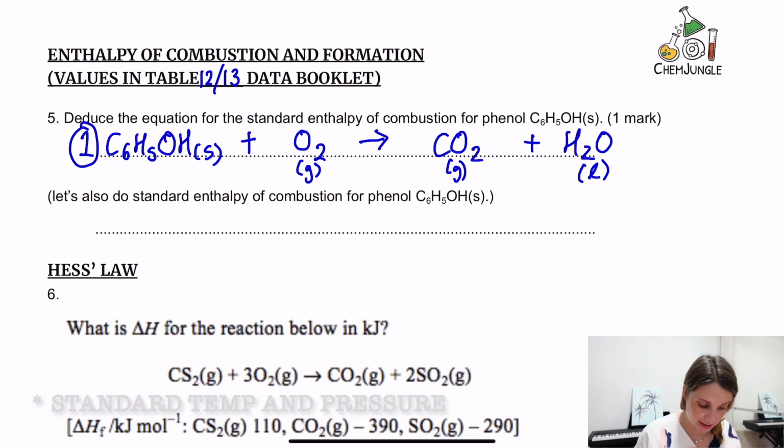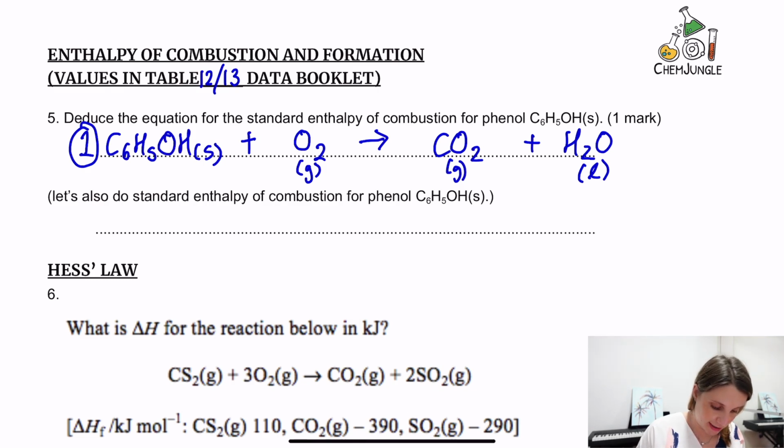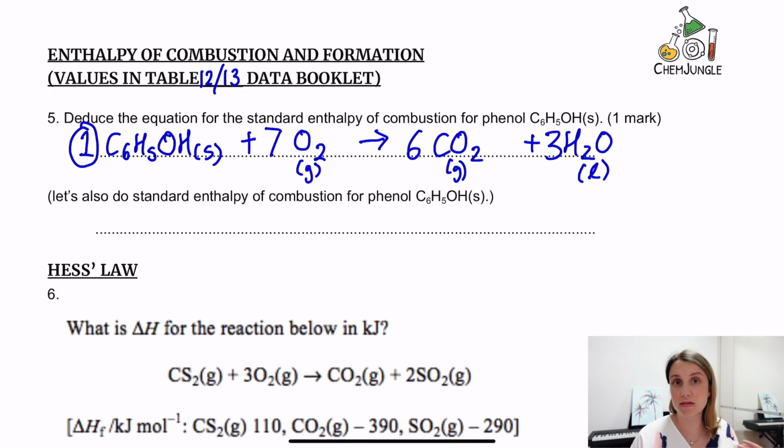The last step for this is that I need to balance it. So the carbons, I need 6 CO2 to balance the carbons, and then I'm going to need this 6 hydrogens here, so I need 3 waters to balance that. And then for my oxygen, overall that is 7 O2. So this balances nicely. This could be worth 1 mark, maybe 2 marks in certain exams. So just make sure that you can write these equations out.